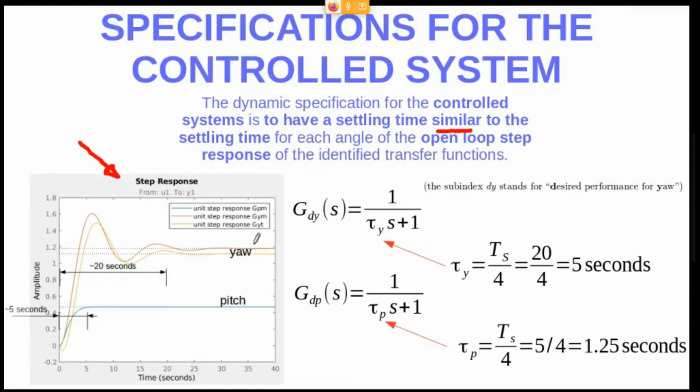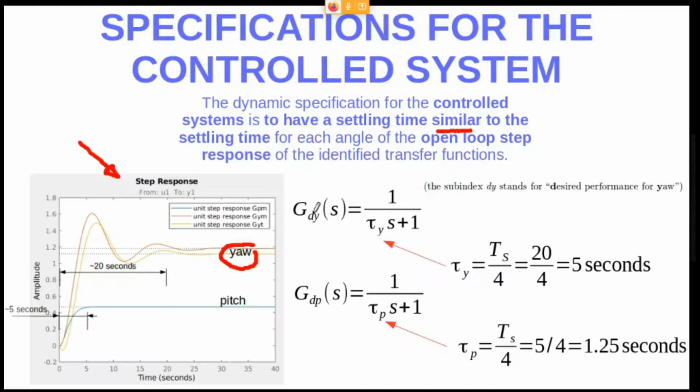And as you can see, the yaw angle has a settling time of 20 seconds, and the pitch angle in the open loop step response has a settling time of 5 seconds. That's why the closed loop systems, the controlled systems, will be expected to have a similar time constant to the open loop.